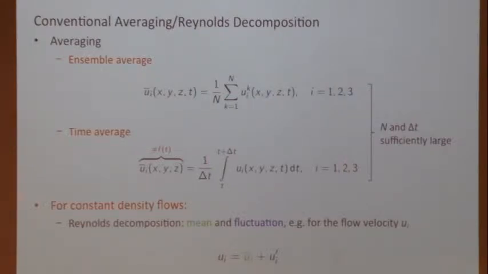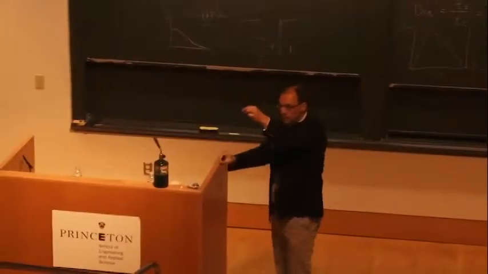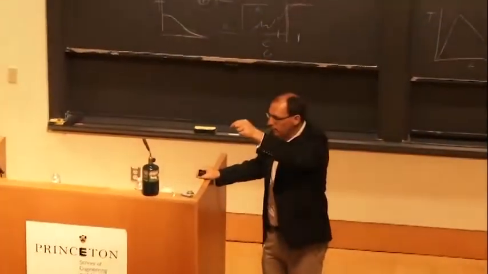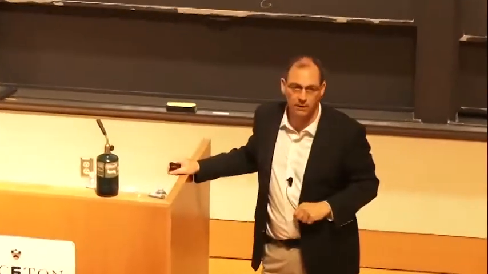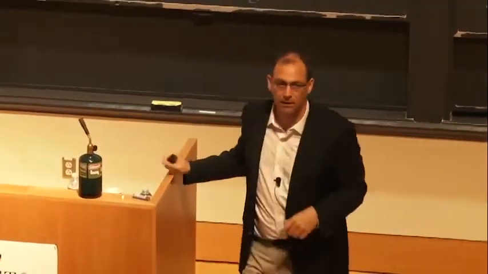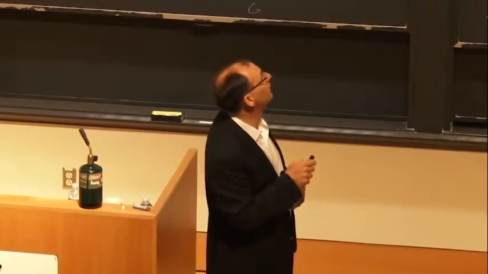This is the so-called ensemble average. Ensemble average means, let's say you're in a jet that is statistically stationary. You do a measurement at this point at one time, and then you do a measurement sometime later, and you take the average of all these individual measurements.